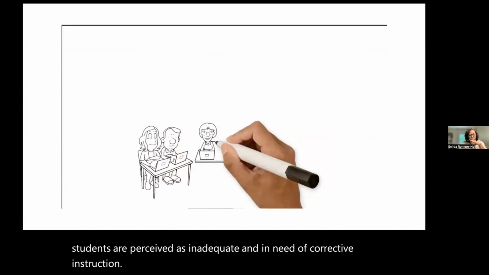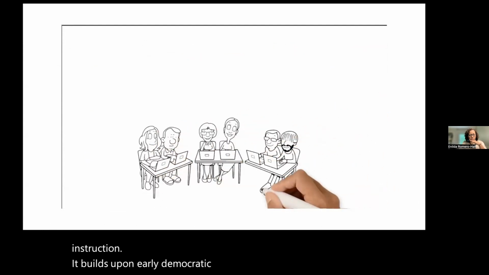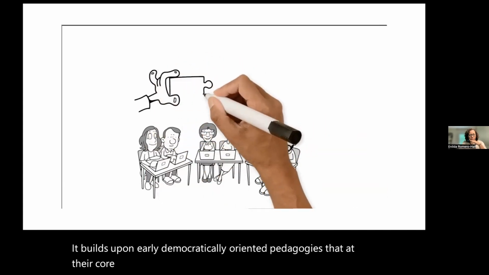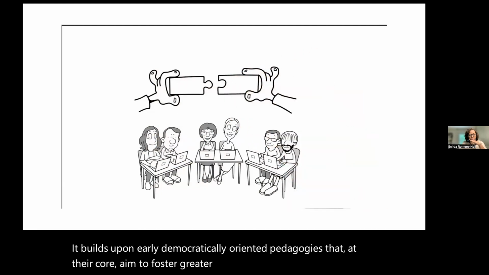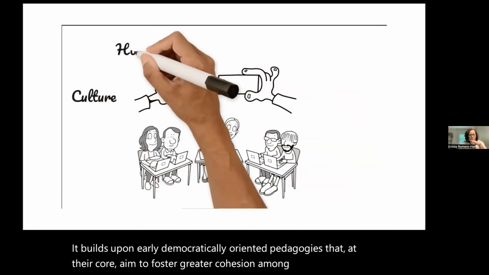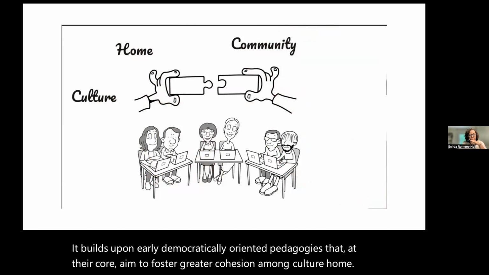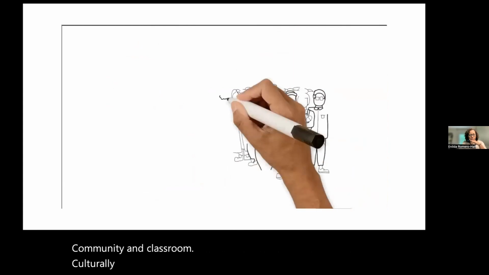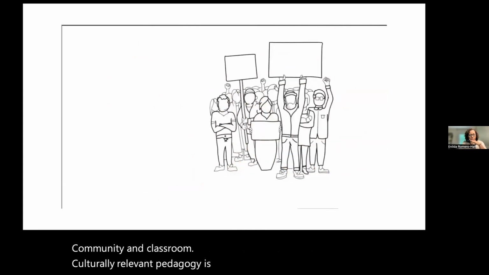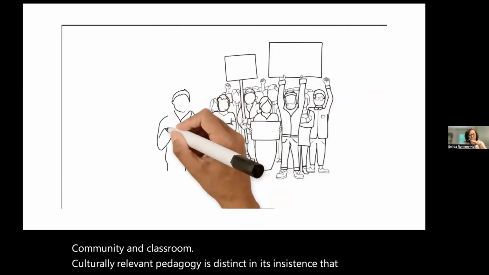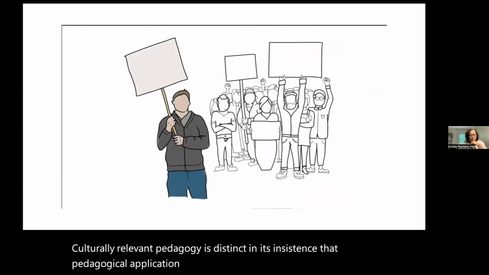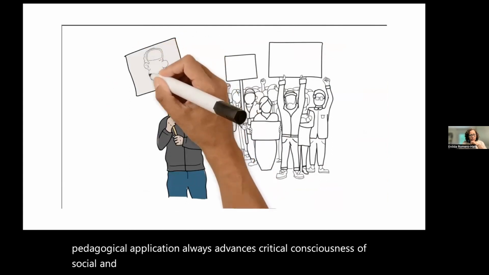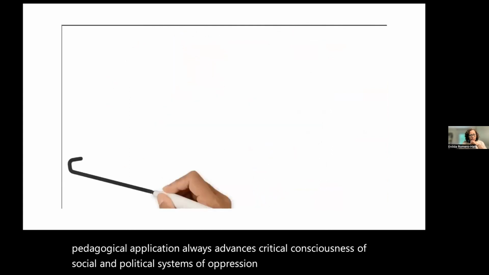It builds upon early democratically oriented pedagogies that at their core aim to foster greater cohesion among culture, home, community, and classroom. Culturally relevant pedagogy is distinct in its insistence that pedagogical application always advances critical consciousness of social and political systems of oppression.